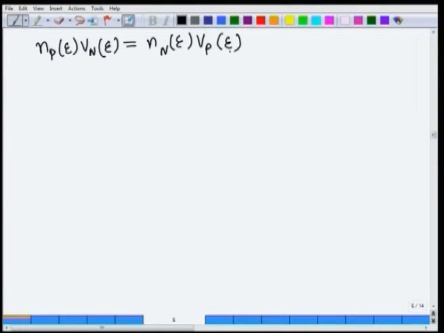I just copied the same line, and let us write down what this n is. Remember, n is G on the p side times F on the p side. What is V?